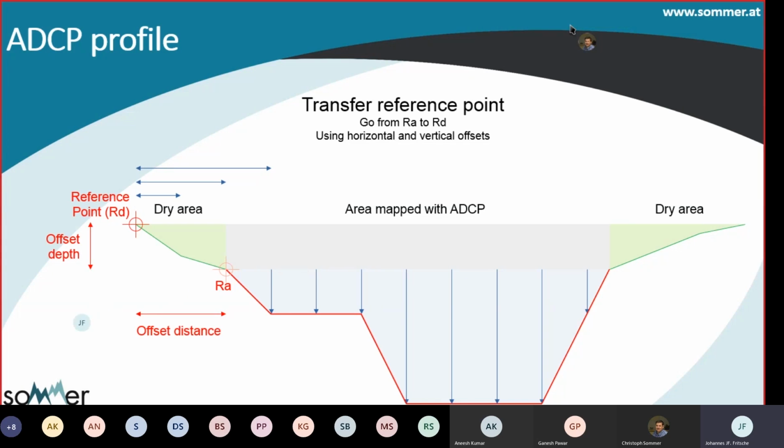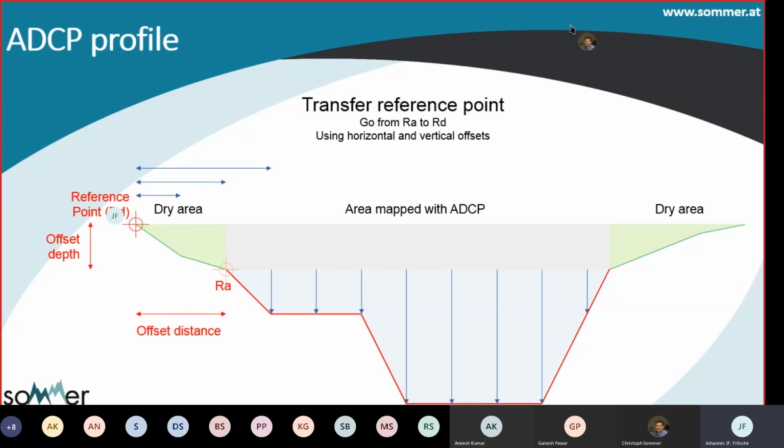But then how are you going to do this? Let's say we took the river's edge where we put in the ADCP boat as our first or initial reference called RE. And then we say, okay, our water level goes much higher, and so we define a new reference point with the methods we have mentioned before.